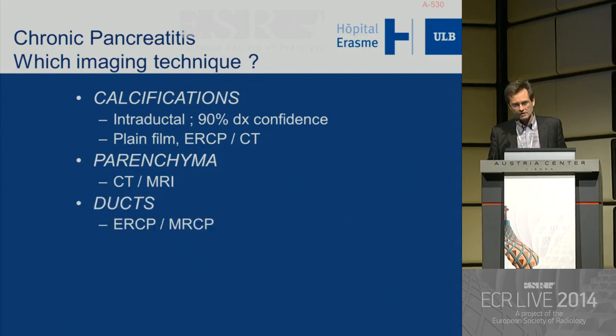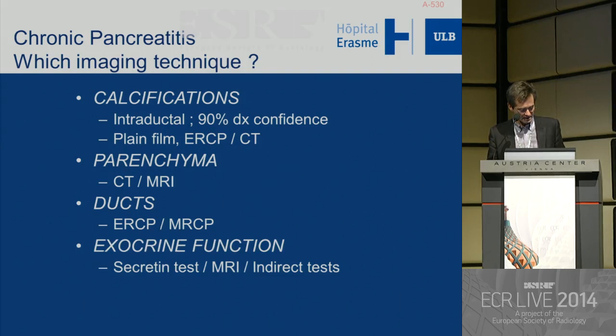If you want to look at the ducts, clearly MRI is the leading technique nowadays, and as I mentioned, ERCP, although it's a very high-resolution technique for examining the ducts, has a high associated morbidity, and it's no longer used for diagnostic purposes. The exocrine function may be important, although it's not used nowadays in the majority of centers.